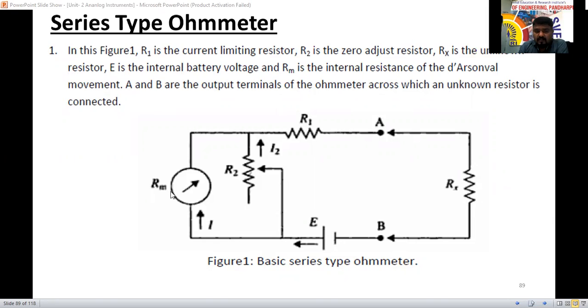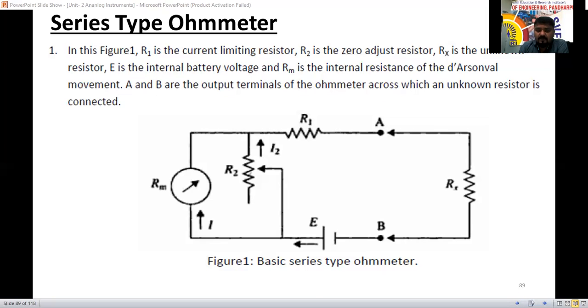Rm is the meter resistance, R2 is the zero adjuster resistance, which you can adjust to zero or maximum, and R1 is to limit the current. E is the battery supply, Rx is the unknown resistance. So these are the basic circuit elements.